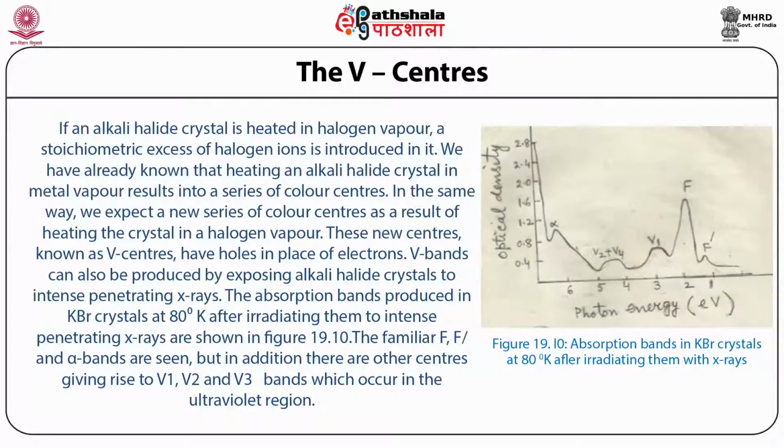The familiar F, F prime and alpha bands are seen, but in addition, there are other centers giving rise to V1, V2 and V3 bands which occur in the ultraviolet region.